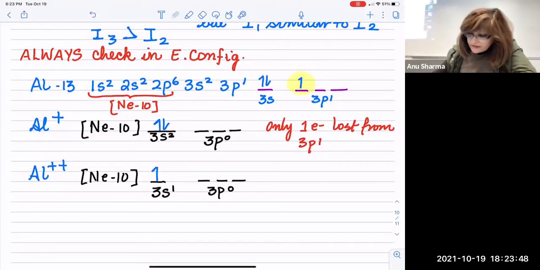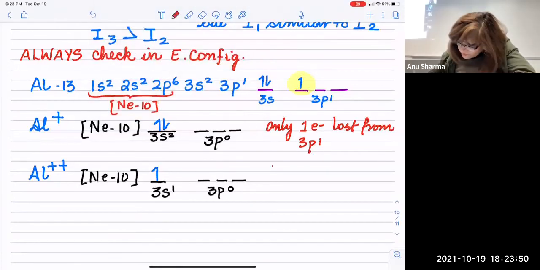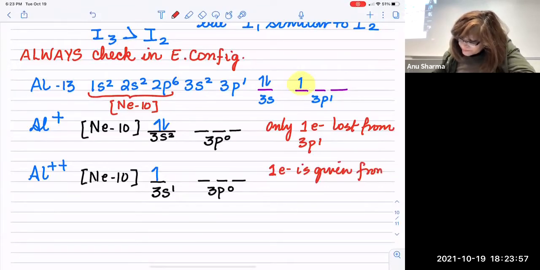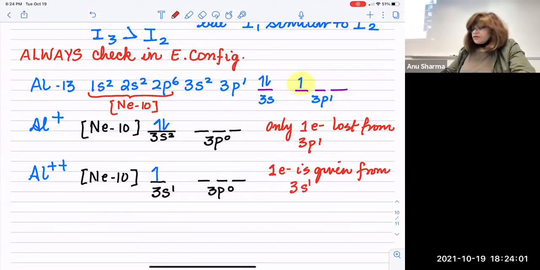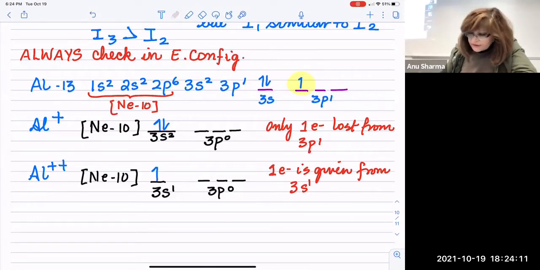Here one electron is given from 3s1. Initially 3s was paired, but it's easy to remove one electron from the s orbital. It's easier because it's a small orbital.